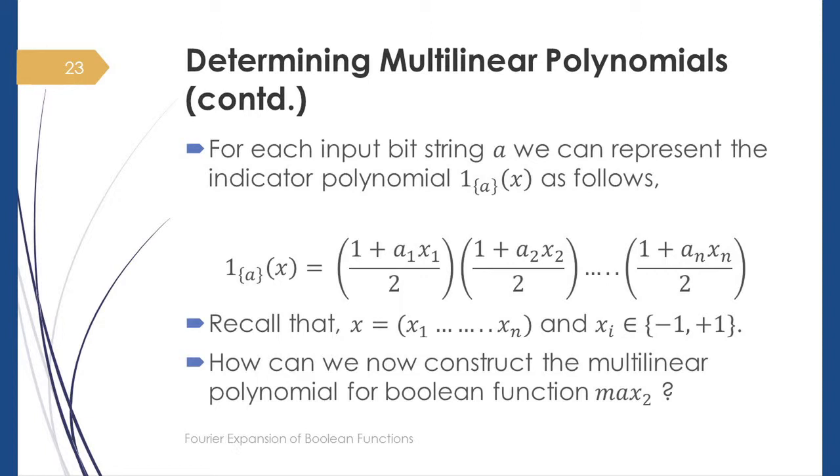So, just to remind ourselves, the xi's are drawn from n possible input values from the set +1 and -1, and returning to the max2 example, we will see in a minute or so that this indeed is the exact form that we showed you when we pulled this polynomial out of our hat as an indicator polynomial for the max2 function.